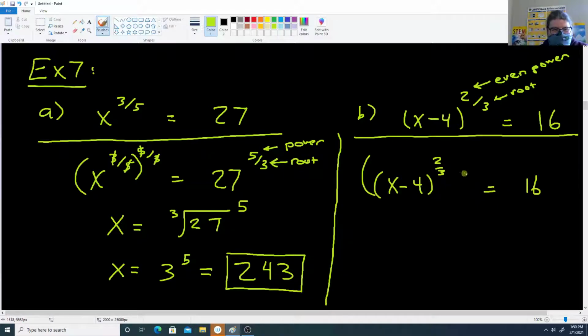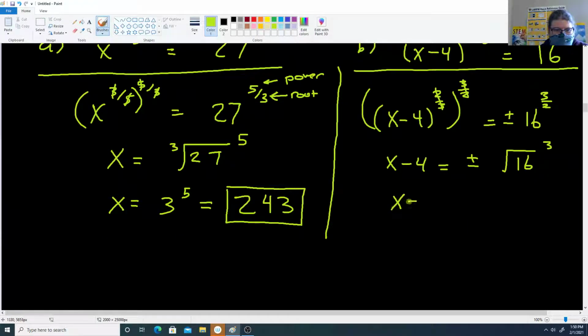Since 3 is the root number here, and we're undoing an even power, we're going to raise both sides to the 3/2 power. This has you undoing an even power with an even root. When that happens, you need to put a plus or minus in front of your solution here. So these two will cancel. We'll get x minus 4 equals plus or minus, the root is second, so this will be the square root of 16 to the 3rd power.